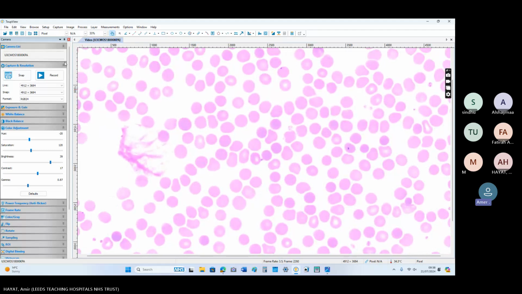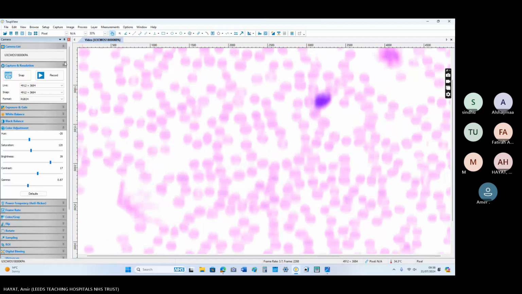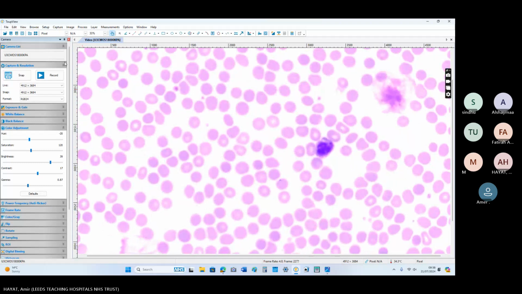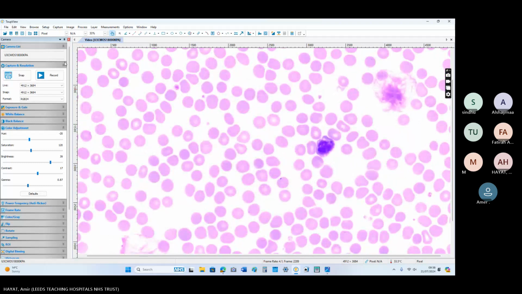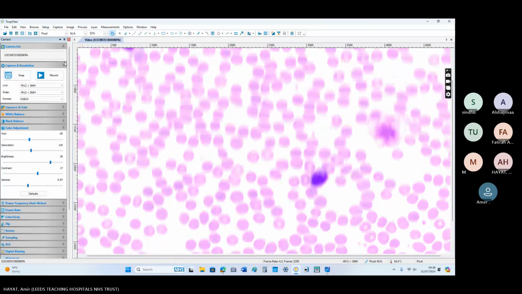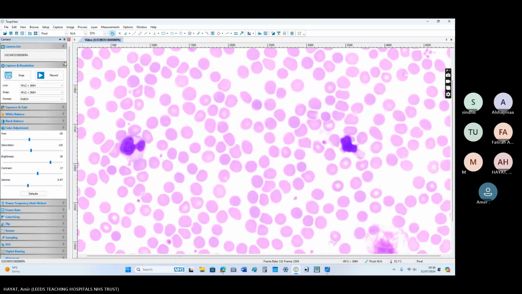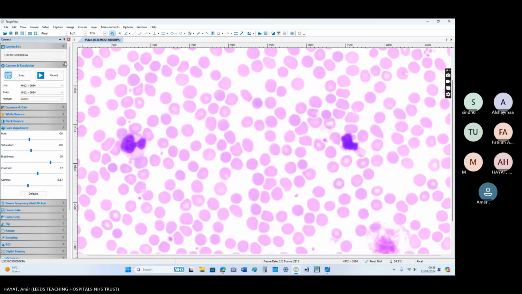The red cell morphology. Platelets and the white cell.